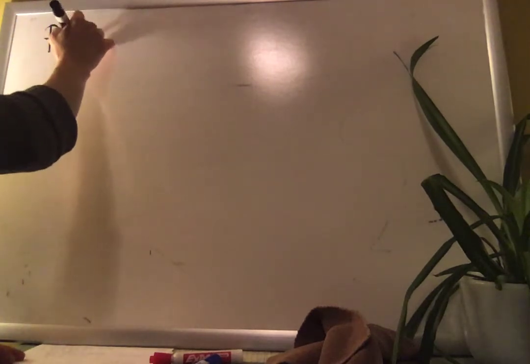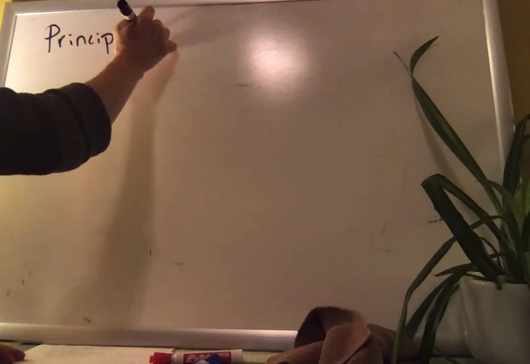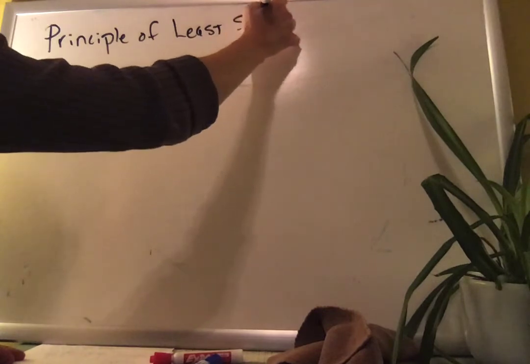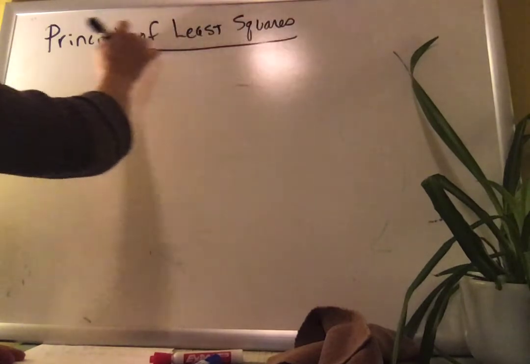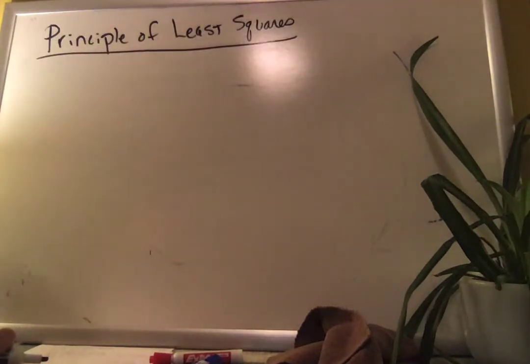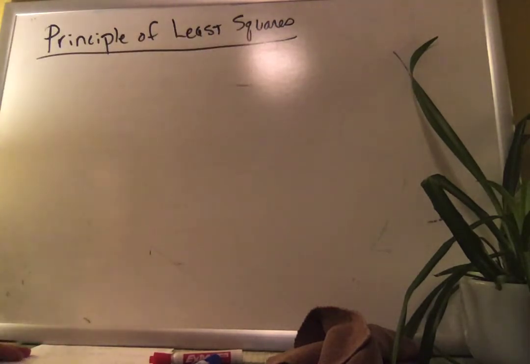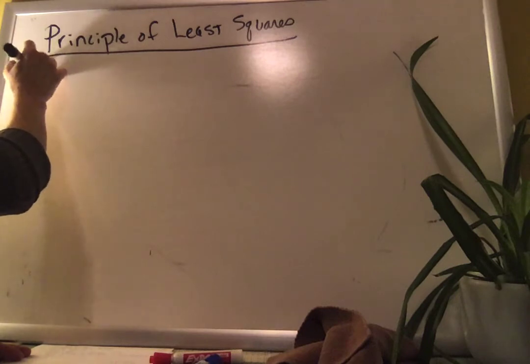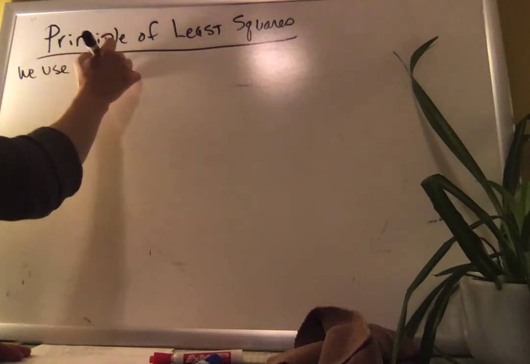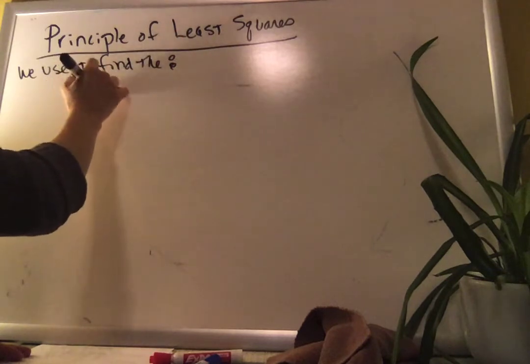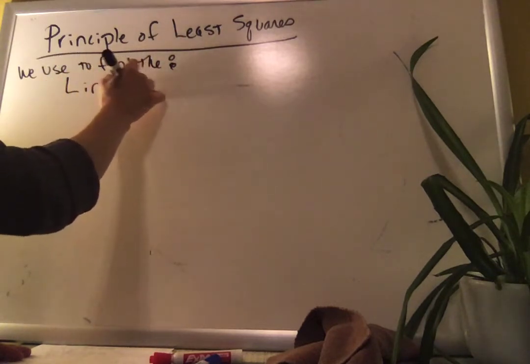But there is something called the principle of least squares. Now, all of that sounds very confusing. Principle is a very formal word. Least squares, what the heck does that mean? Well, let me list a bunch of synonyms first.